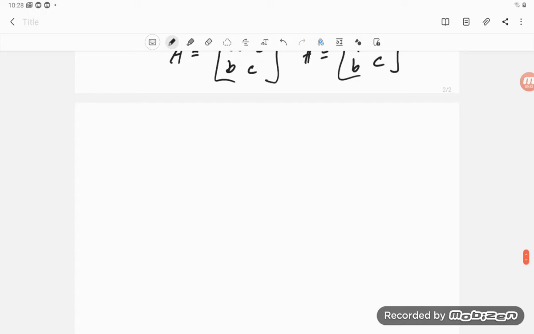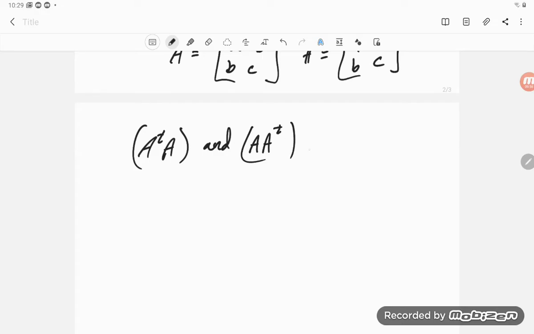What's interesting is that no matter what we have for A, if we take the matrix A transpose A, or A A transpose, these are both symmetric.